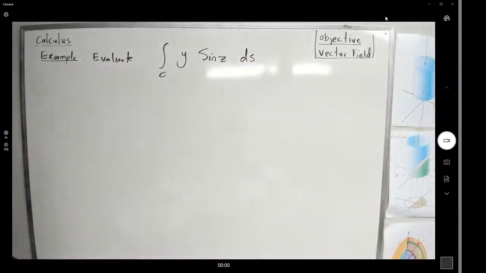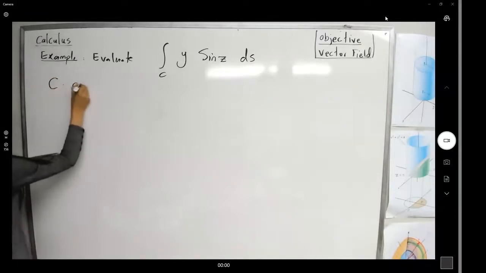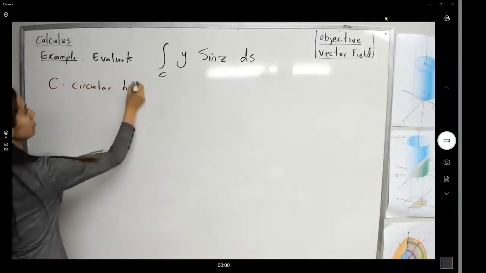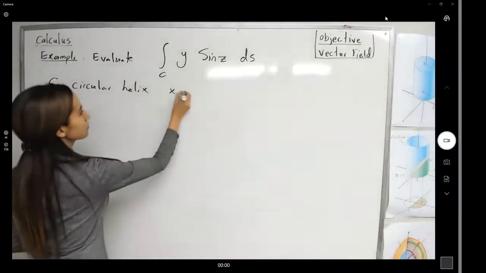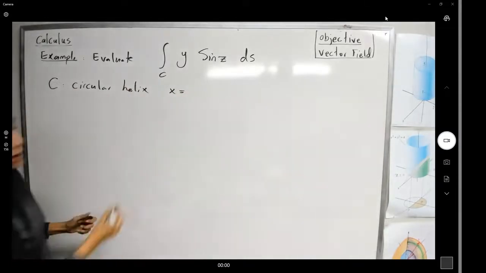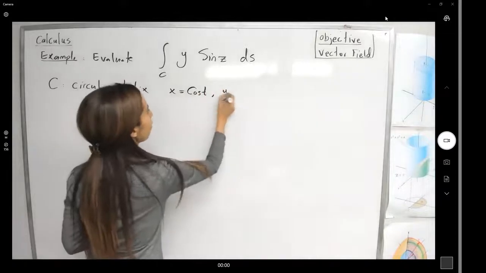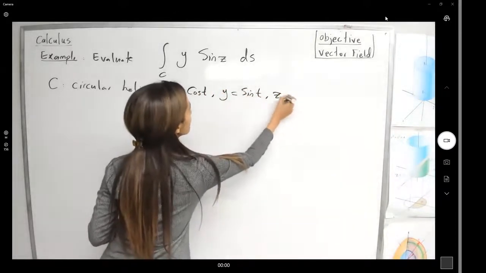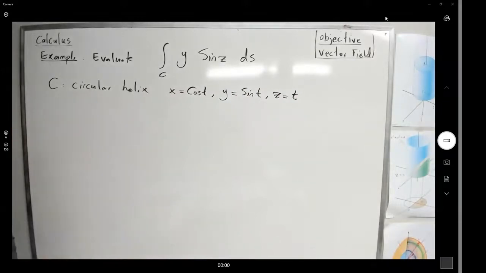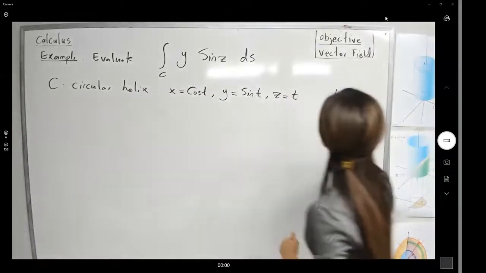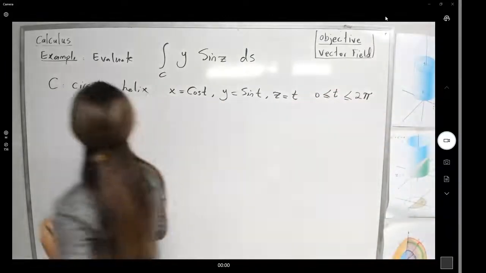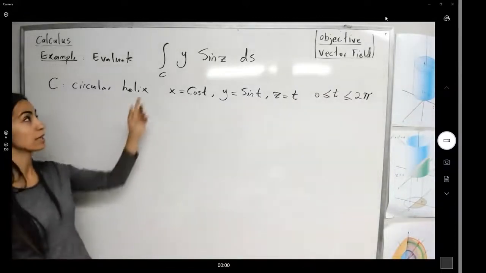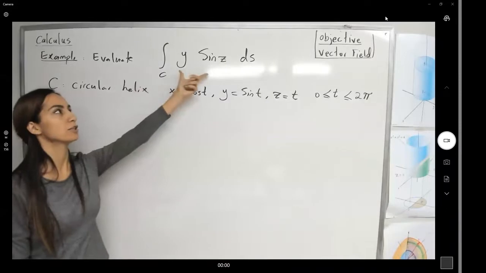The curve is defined this way. C is the circular helix given by the equations x equals cosine t, y equals sine t, and z equals t, while t is bounded between 0 and 2 pi. So we want to calculate this line integral.